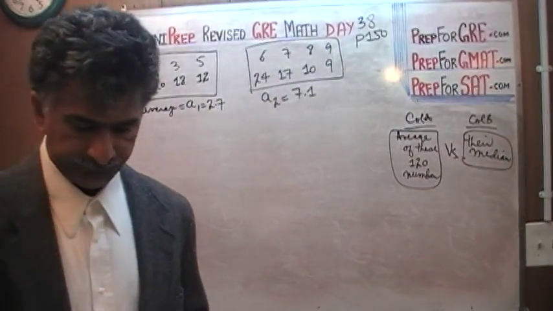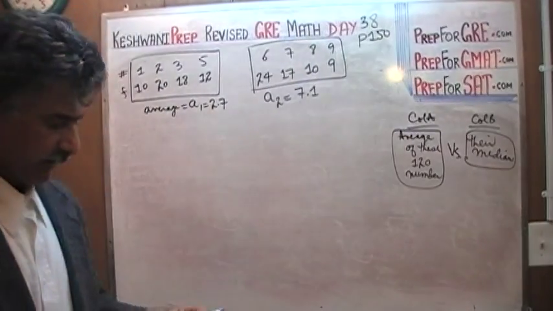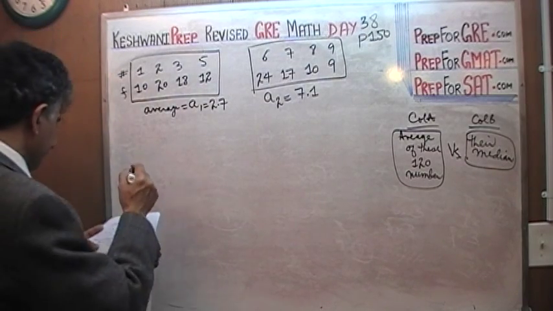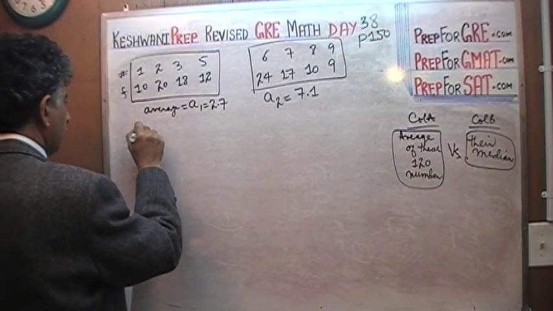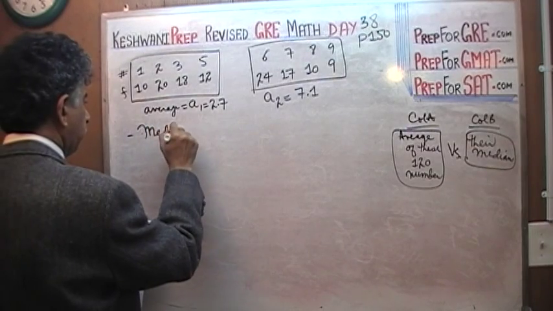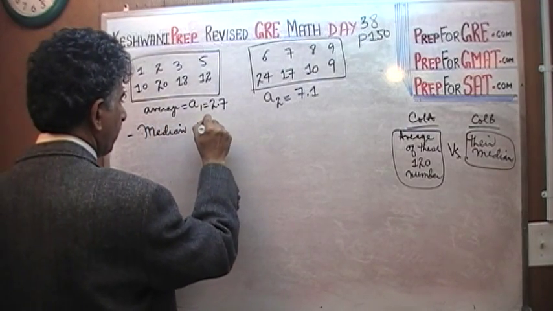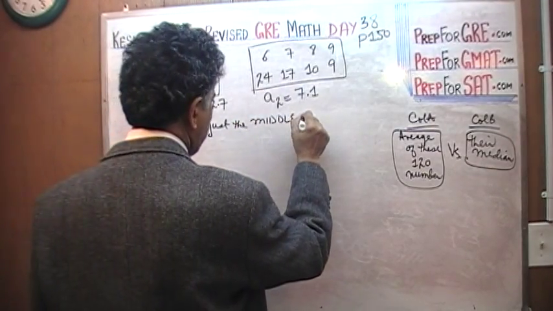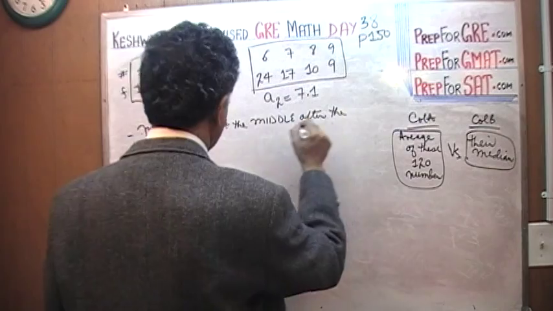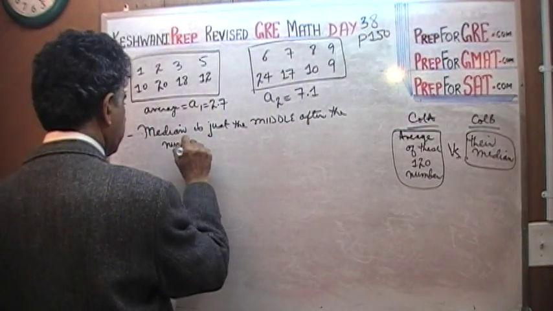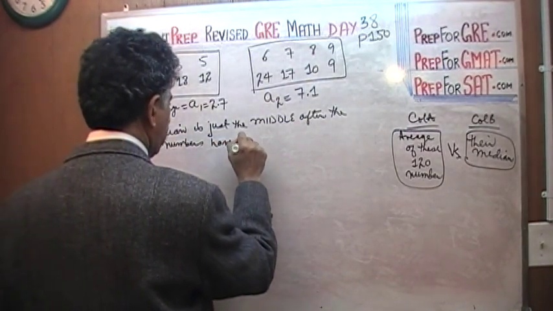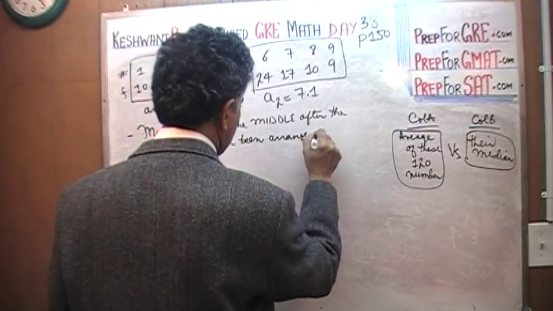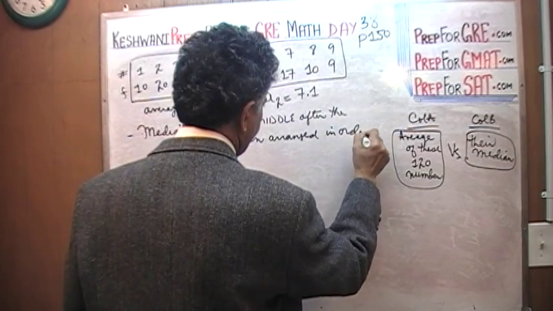Which quantity is bigger? Well, first things first. Figuring out the median here is very simple. Median is just the middle number after the numbers have been arranged in order.